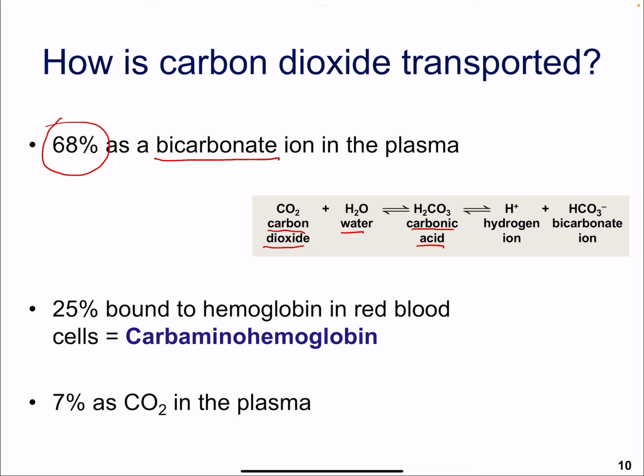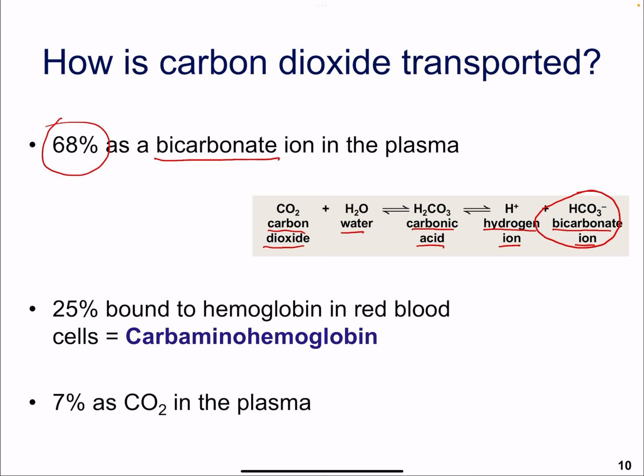That carbonic acid is very damaging to the cell. Now, to avoid that, carbonic acid is going to be broken down into hydrogen ion and bicarbonate ion, right? That bicarbonate ion is the most abundant form of carbon dioxide in the blood.